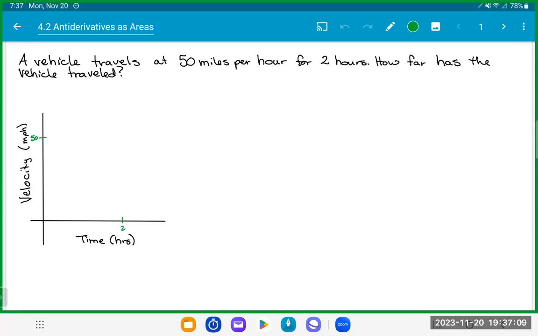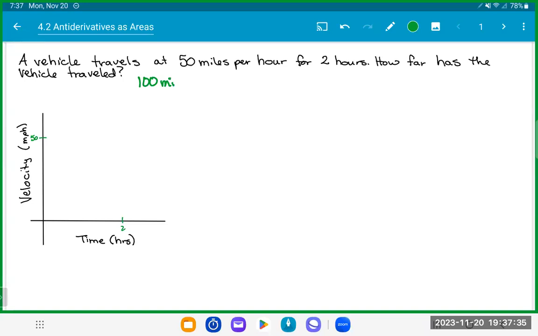How far has that vehicle traveled after those 2 hours? Most of us, because we drive cars probably every day, could do this in our heads relatively quickly, right? We'd say, well, if I drove 50 miles an hour for 2 hours, then I went 100 miles, right?